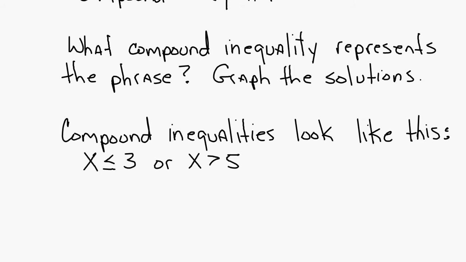That's one type of compound inequality. It has the word or in it. And when the compound inequality has the word or in it, it's just two inequalities in one.